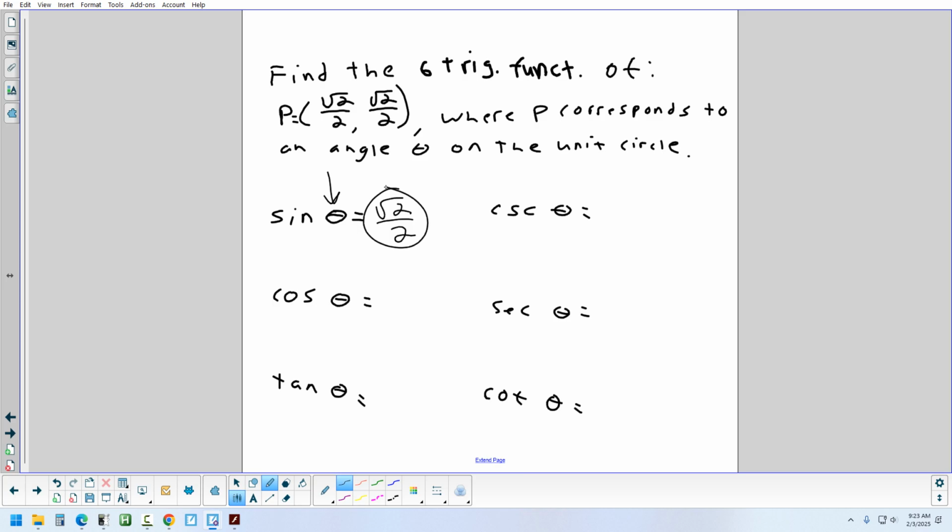Hold on. Oh, it is x. I was thinking of something else. So what's the definition of cosine? I said x. Look up. Yeah, S is not a valid option for this lesson. X. Okay, so what's my x value in this case?